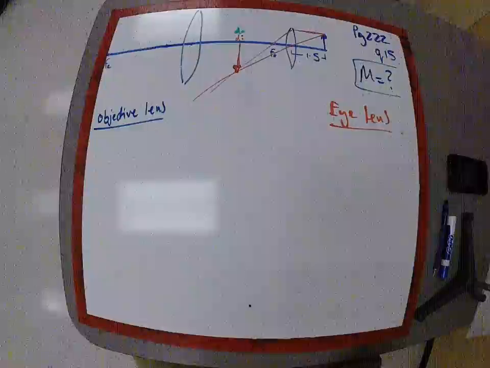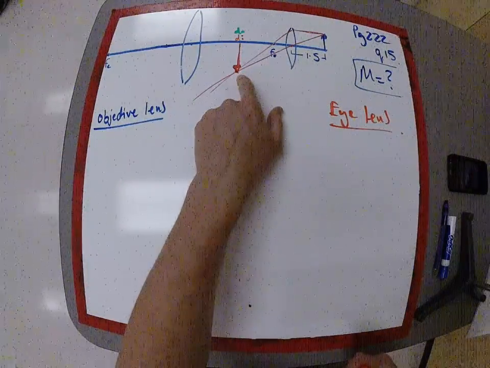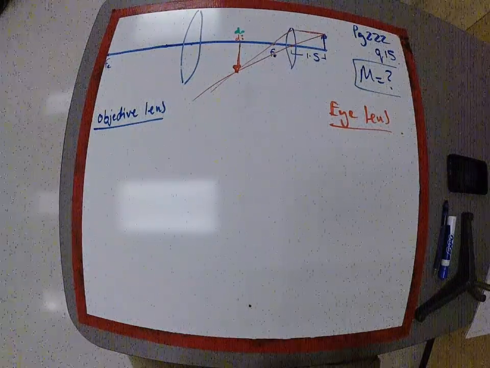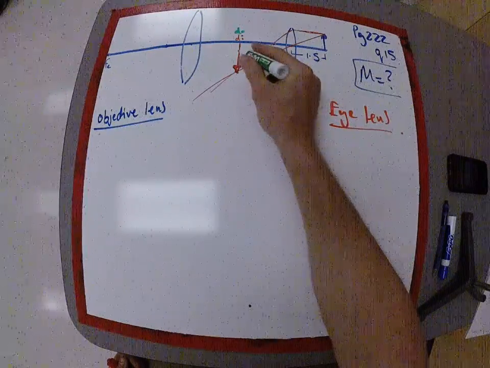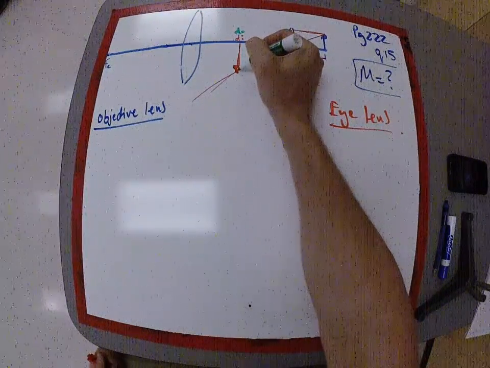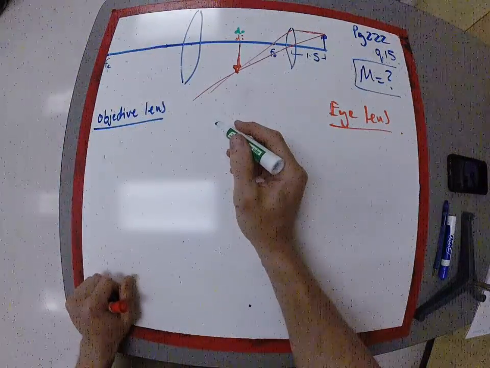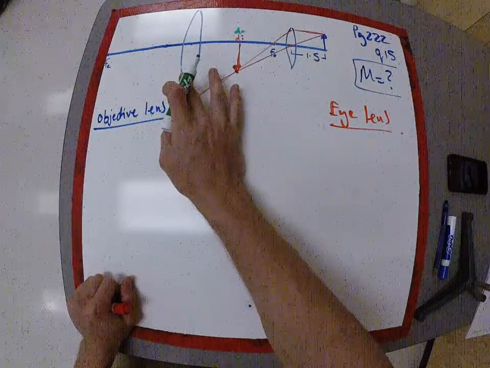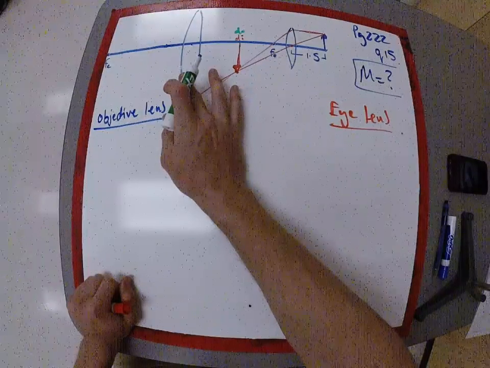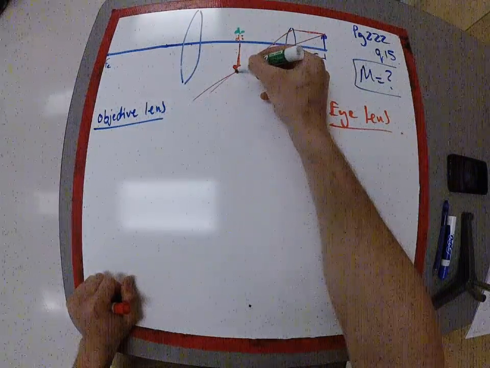Anyway, that's the first bit. The second bit then will be to treat this as now an object, and we're going to come through and analyze it with regards to the eye lens. So we're going to do exactly the same thing.